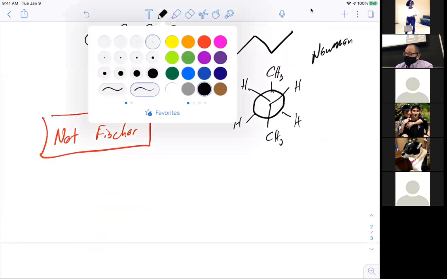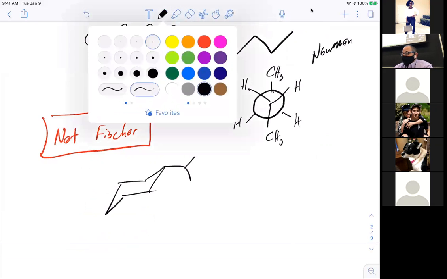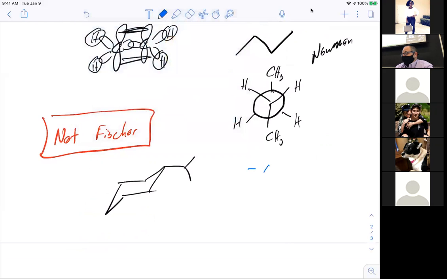Chairs, right? So we should be able to draw a chair, should be able to put the largest group in the equatorial position, should be able to understand axial and equatorial, stability, should be able to flip.